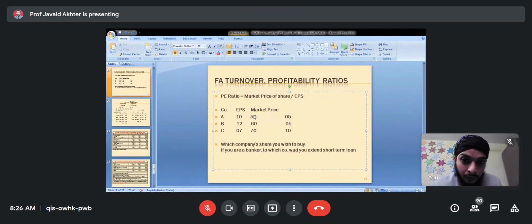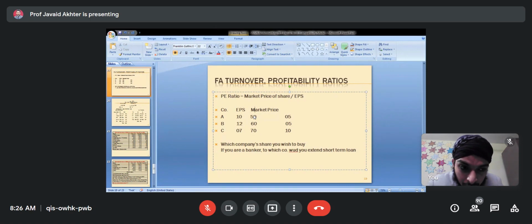Your investment is giving you 20% return, and your investment is giving you 100% return in case of A. Okay. See what happens. Your return from the company is not merely confined to the dividend it pays or the EPS it earns.